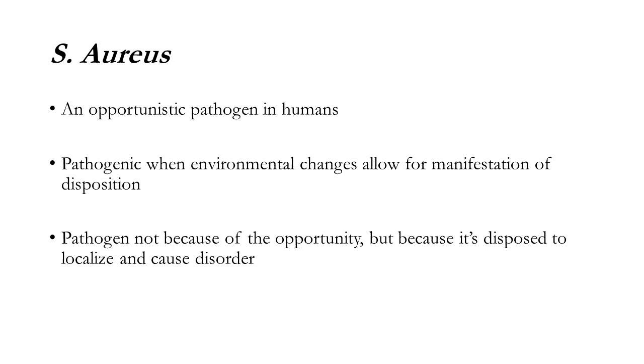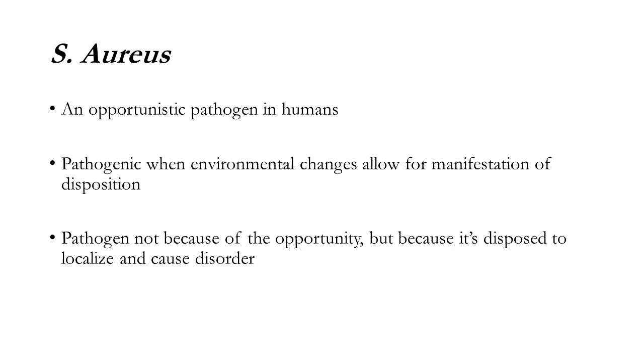What this opportunistic aspect means is these things are pathogens when the environment changes enough for a manifestation of a pathogenic disposition. This is how we understand opportunistic pathogens in the ontology. Staphylococcus aureus is a pathogen, according to this account, not because it gets the opportunity, not because it's in a new environment. It's not like a student, right? It's not a pathogen because it's in the right context.